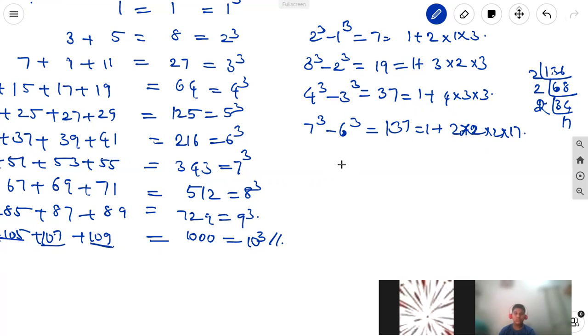In that way we can find it. Here 37 means 1 plus 36, and 36 is 2 into 2 into 3 into 3, like that. We can find the prime factorization.